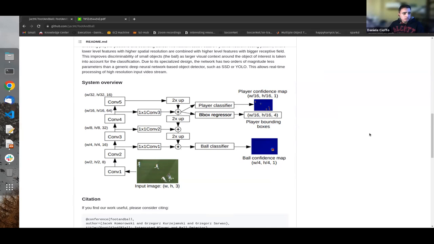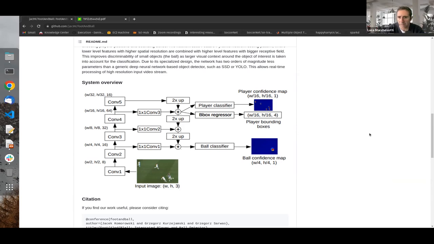I don't think so. I mean, it's very straightforward. The only interesting thing is this combination of low-level feature and high-level feature. In some way we know that information from first layers is of course necessary for spatial location of the object, but then they also combine with other layer information, and as we can see from the results, actually they improve performance. So it was very interesting for me.